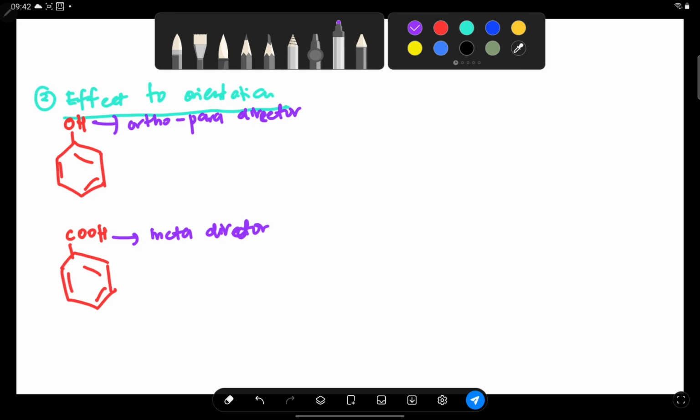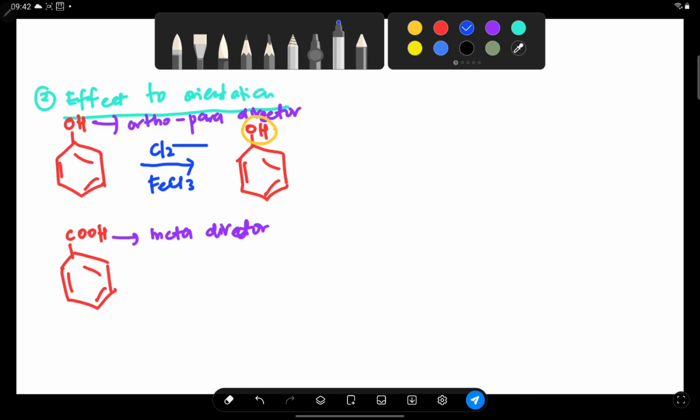What is an ortho para director and what is a meta director? Let's say we react with Cl2 in the presence of FeCl3. What happened here? This OH will direct the location of the electrophile, which in this case is Cl.